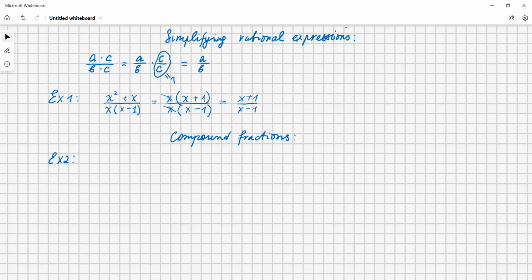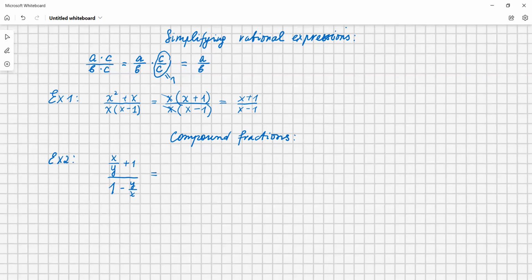Example number 2. For example, fraction is x over y plus 1 divided over 1 minus y over x. You see that there is a fraction inside of the fraction. To simplify this expression, we are going to first bring numerator and denominator separately to common denominator.